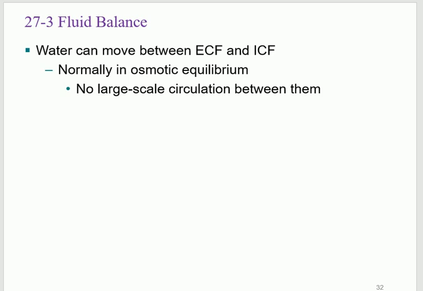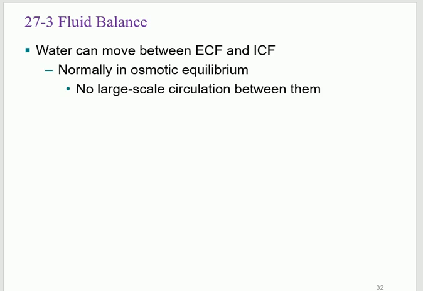Water moves in between intracellular and extracellular almost freely. Why? Because remember that membrane, the cell membrane? The cell membrane has water channels that allow water to move in and out via concentration gradient. Clear?